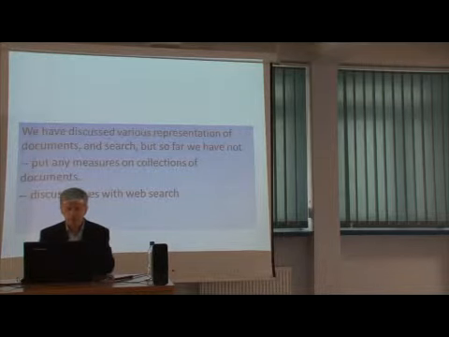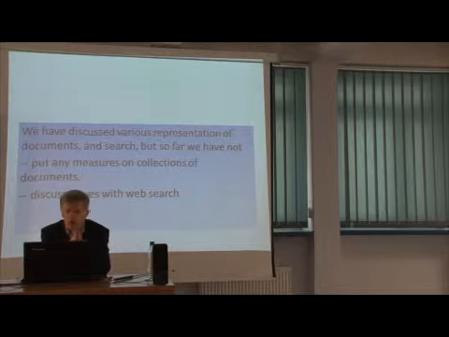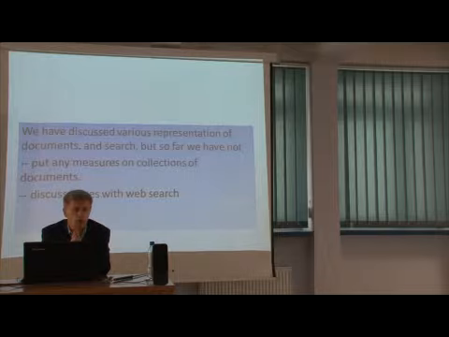All right, so we have discussed various representations of documents so far, but we have not put any measures on the collections of documents. We have talked about the ranking of the documents with respect to query terms using, for instance, the cosine measure, but this measure is not necessarily appropriate for web documents.